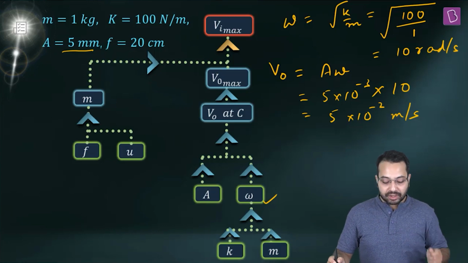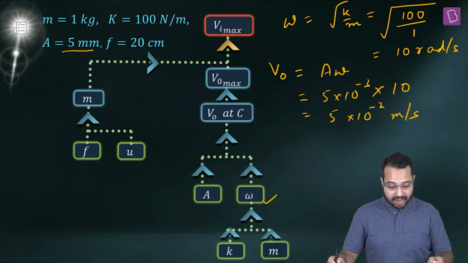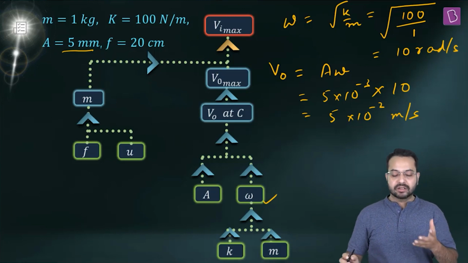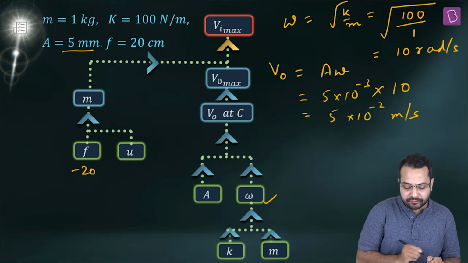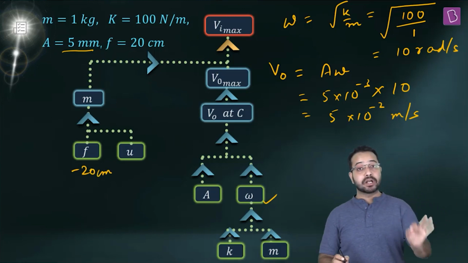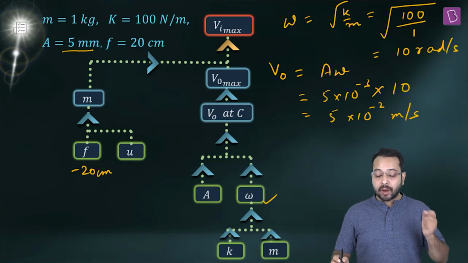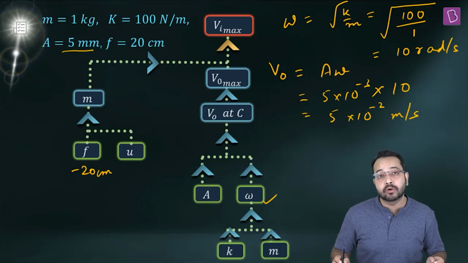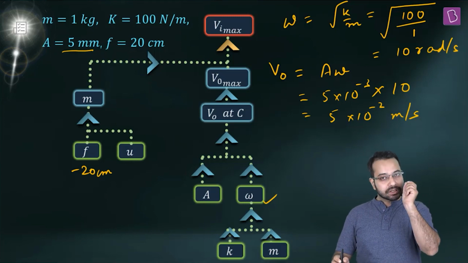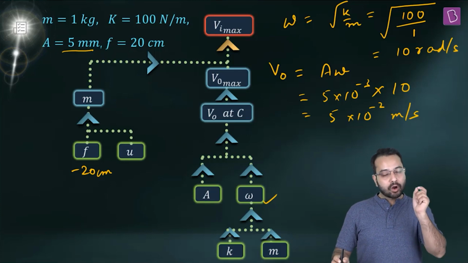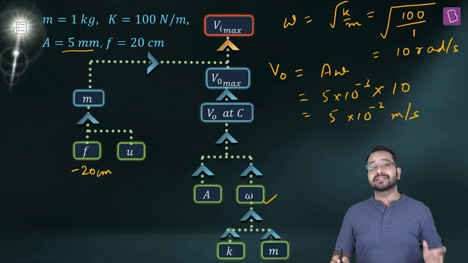Now what is the next thing I need to figure out? I need to figure out focal length. The focal length is already given to me. What is the focal length? It is minus 20 centimeter because it is a concave mirror. What about object distance? Object distance is going to be equal to the radius of curvature, because we want to figure out the distance of the object when it is at the center of curvature.